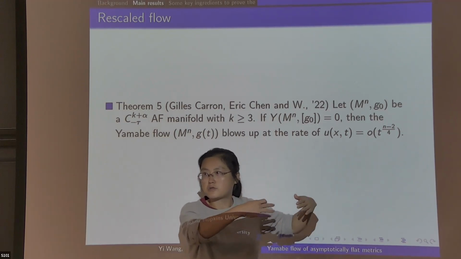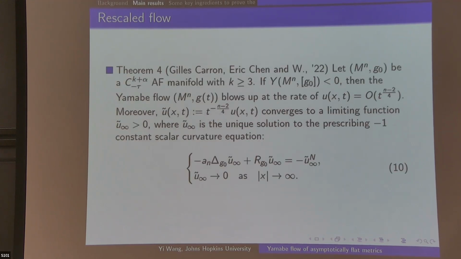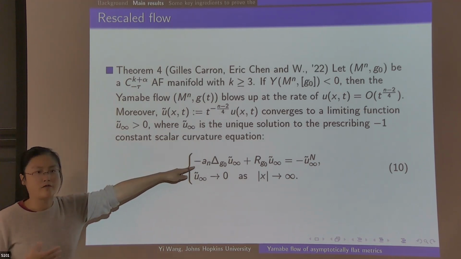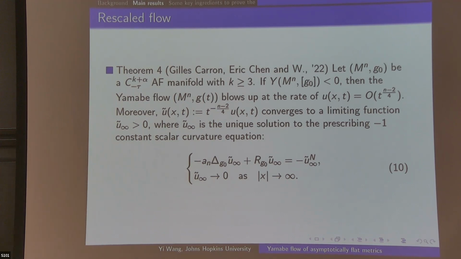So it still goes to infinity, but we do not have very nice behavior of that quotient. At the end of the talk, I will talk about that. We have some sequential limit that goes to some equation that looks like this, but we do not have the global limit. We only have the sequential limit that goes to this.